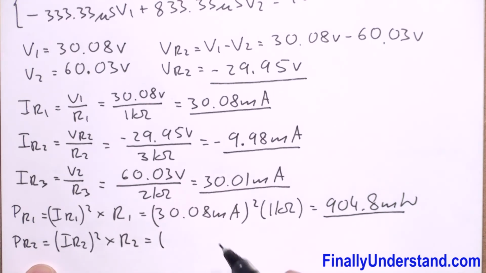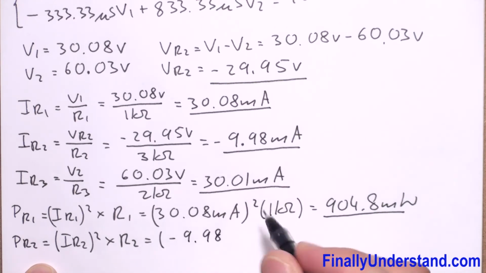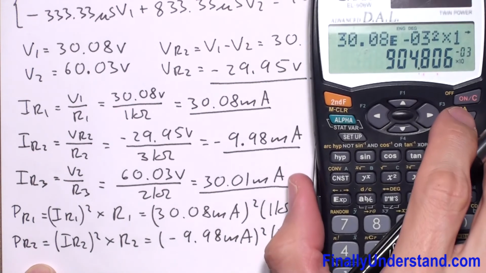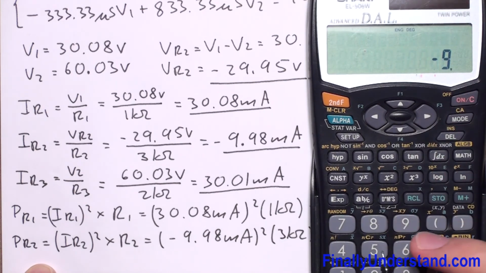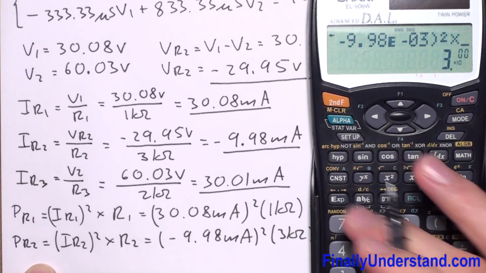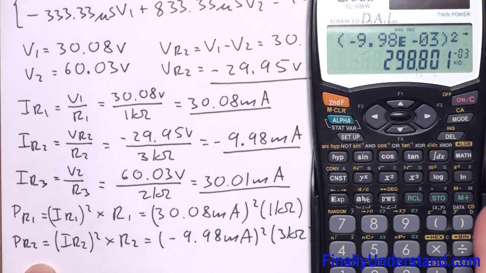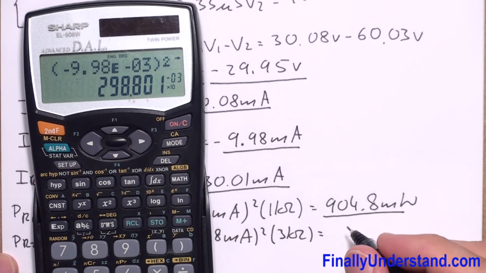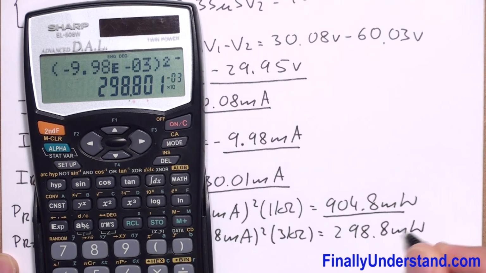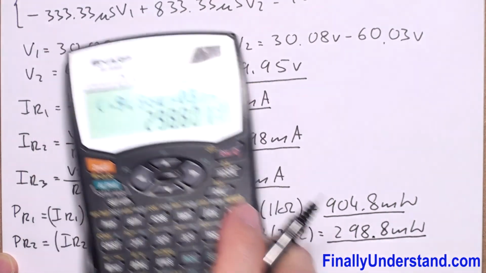So this is equal IR2 negative 9.98 milliamps to the second power times R2, which is equal 3 kilohms, is equal negative 9.98 exponent 3 negative to the second power times 3 exponent 3 equals 298.8 milliwatts. So this is the power at resistor R2.